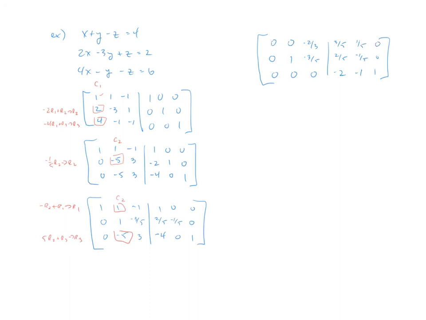Now, what's just happened is that if we continue this into column 3, we're not going to get a 1 where we need to. And so this line right here suggests something pretty special.